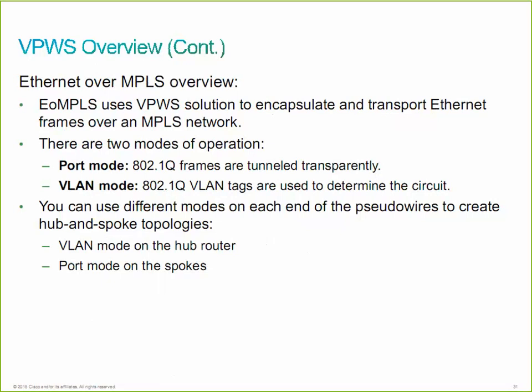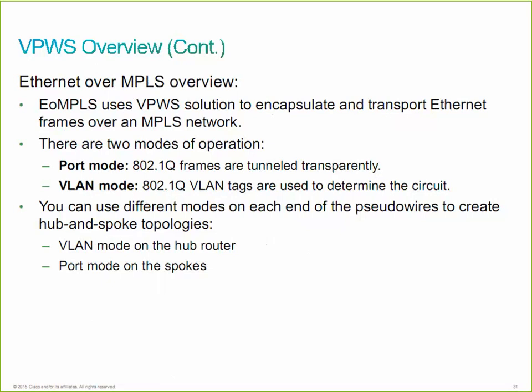I'm going to describe the difference. They have a couple of bullet points on the slide here, but it's not really that detailed, so I'm going to give you additional detail. If I'm operating in port mode, the data is going to get encapsulated and transmitted, but we encapsulate and transmit the entire layer 2 frame that it receives on whatever ingress interface I have.